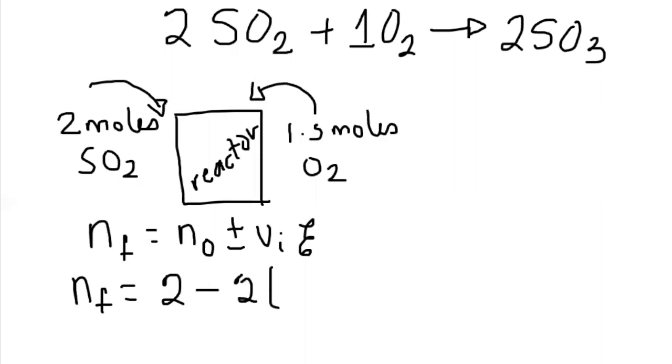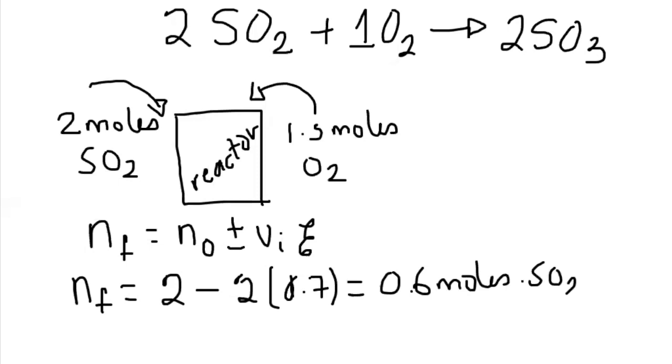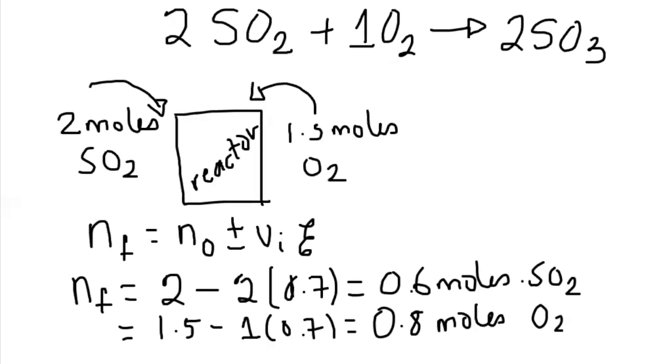In the previous example, we stated that the advance of reaction was 0.7. So in this sense, we're going to have 2 minus 1.4, 0.6 moles of SO2 at the very end. What happens with oxygen? We're going to have 1.5 minus 1 times 0.7. We're going to have 0.8 moles of oxygen.